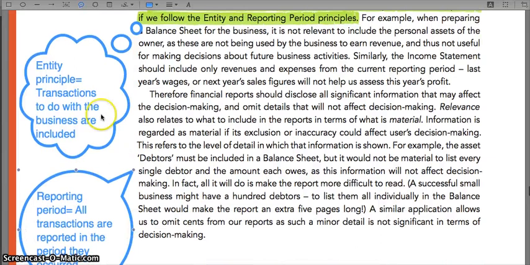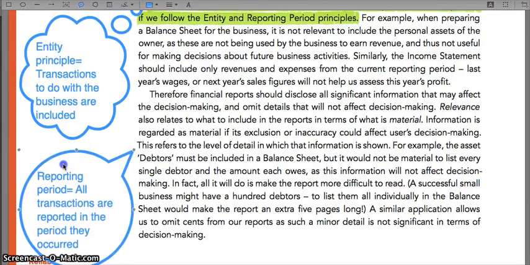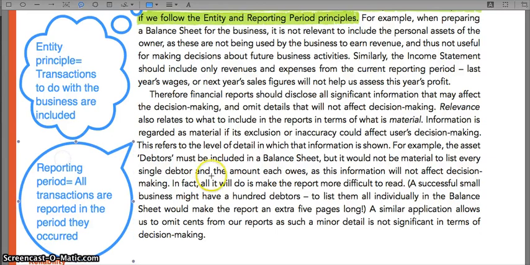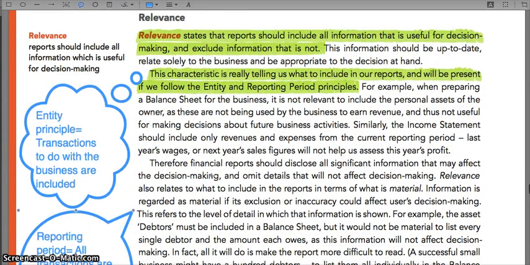So just go through that again. If we follow the entity principle and we follow the reporting period principle, then our qualitative characteristic of relevance should be covered.